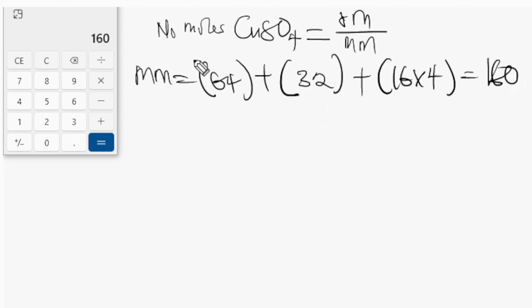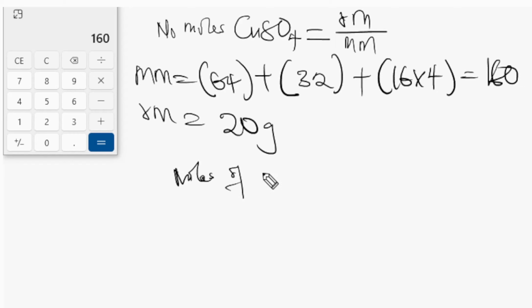So the reactant mass, guys, is given to us from the question, and that's 20 grams. So in order to find the number of moles of CuSO4, we are going to do the reactant mass, which is 20 grams over the molar mass, which is 160 grams.